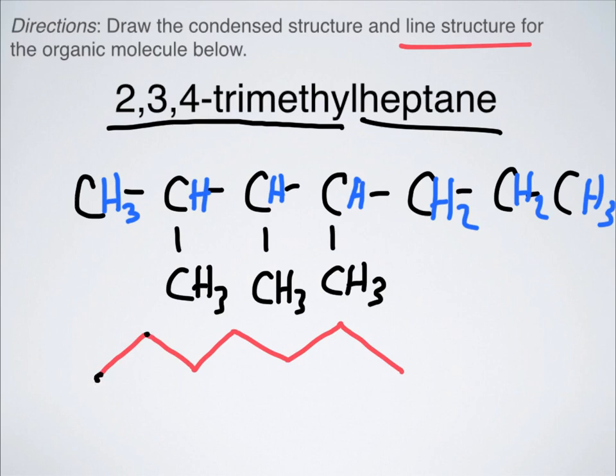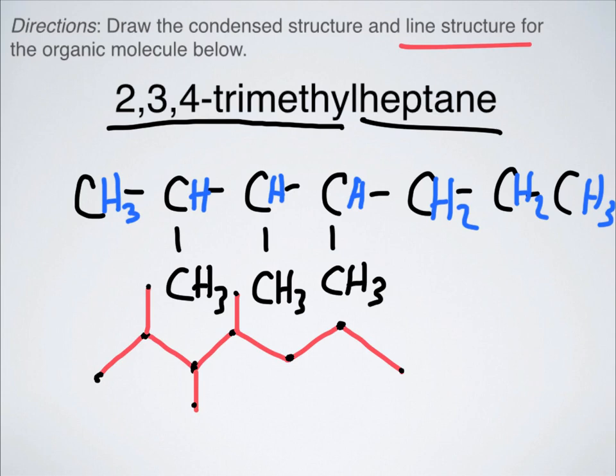So again, you can think of each and every one of these as a carbon. Alright, so that's already my straight chain. Then all I've got to do is add on my methyl groups. And so that would be a methyl group, this would be a methyl group, that would be a methyl group. Again, each point represents a carbon. And we don't have to worry about hydrogens for our line structures, so that's literally it.